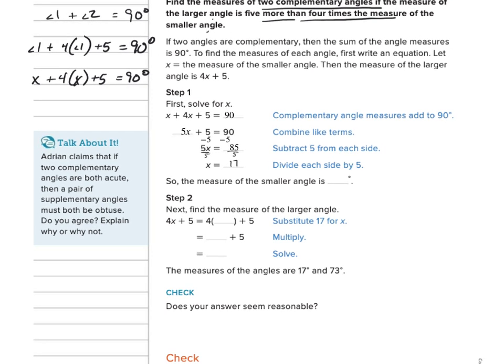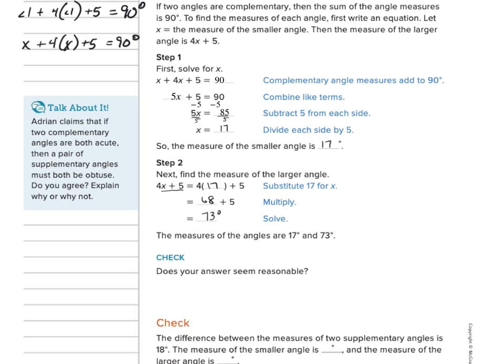So the smaller of the angles should be equal to 17 degrees. That means the larger angle was 4x plus 5. 4 times 17 plus 5, so that would be 68 plus 5, or 73. So the measures of the angles are 17 degrees and 73 degrees. And it says here, check, do your answers seem reasonable?